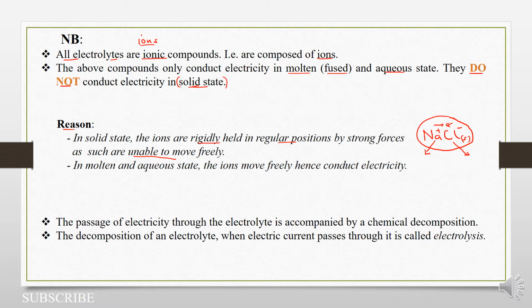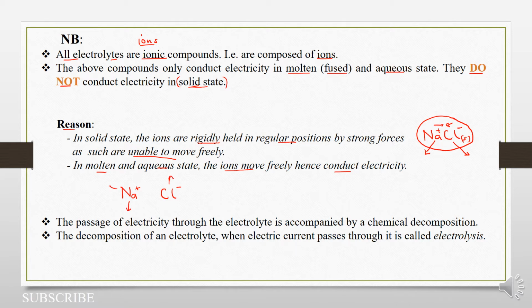However, in molten and aqueous state, ions are free to move, hence conducting electricity. Whenever we are in aqueous state, that is to say when we dissolve these ionic compounds in water or we melt them, these ions will always be free to move. They will always be free to roam around because they are apart.